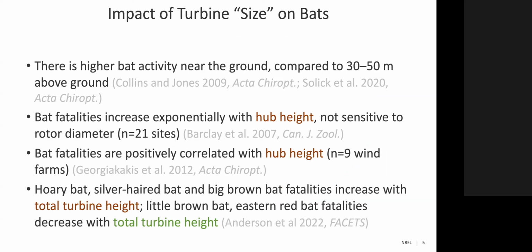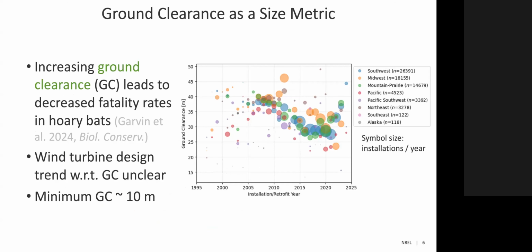So depending on the species of interest, the total turbine height could increase or decrease turbine mortality. But as Julie has shown, there is a clear trend that increasing ground clearance will tend to decrease hoary bat fatality rate. So here I've used the same US wind turbine database data set and plotted ground clearance.